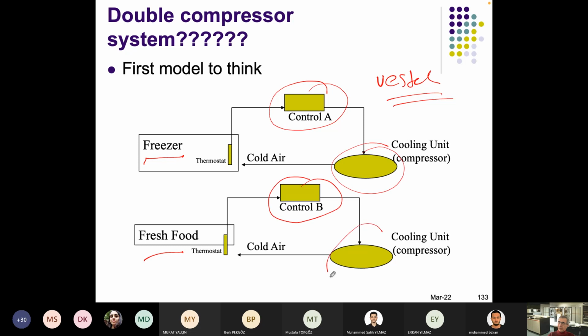Each of them is connected to different thermostats, and different compressors. So this is what you think. So you start to think like there are two different systems there, that can be separately controlled. That's how your understanding is based on the interface, and you tend to act based on that understanding.